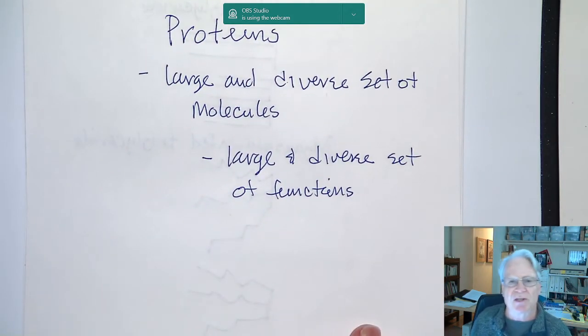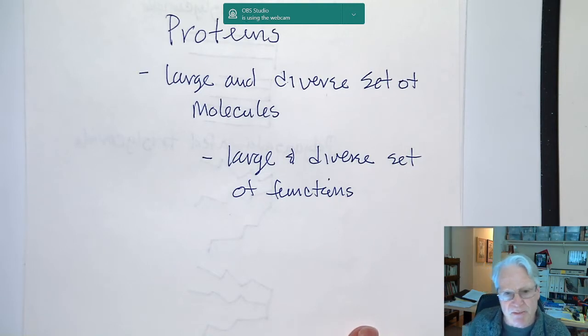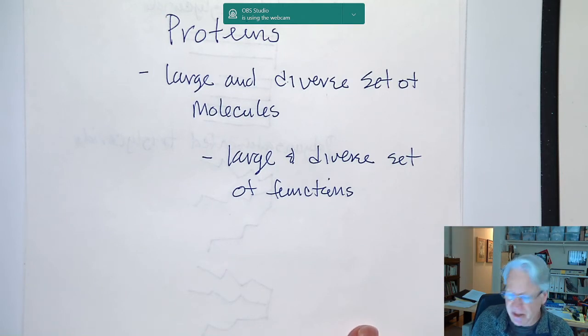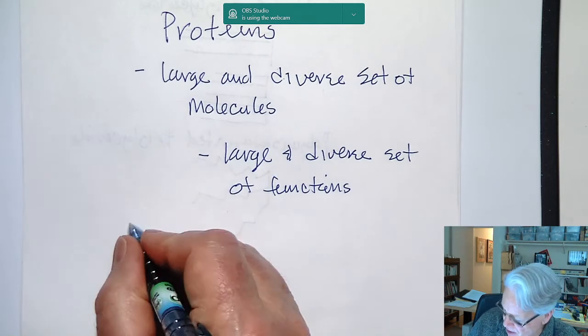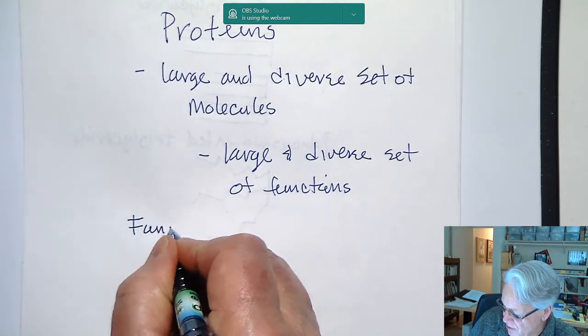This goes back to what we had talked about in the very beginning of this class. Form follows function. So if you have a lot of diversity in form, you're going to expect a lot of diversity in functions. So we're going to go through and just quickly identify some of the major categories in terms of function that proteins provide for us. So let's get that under functions.